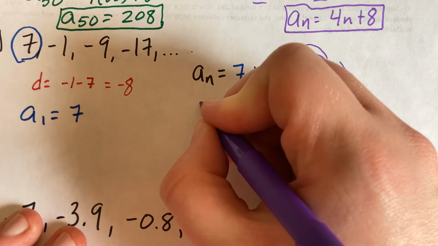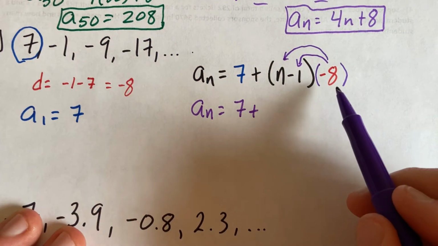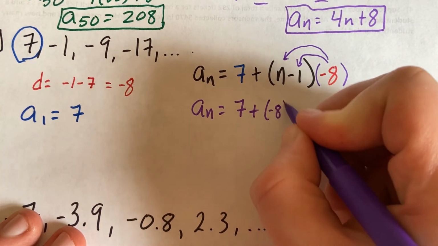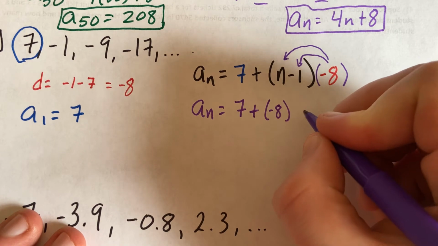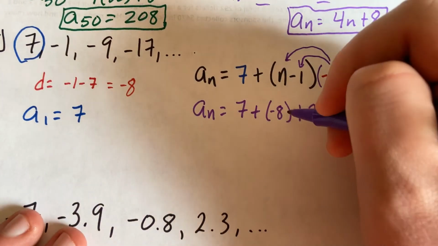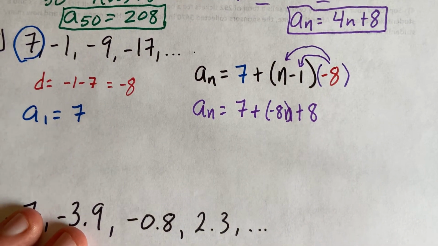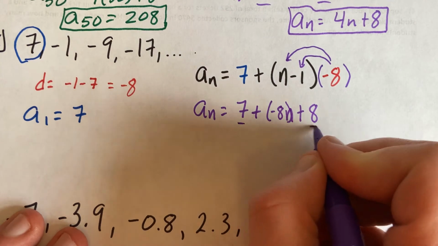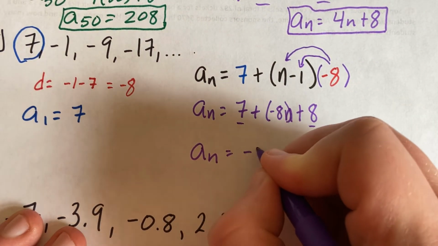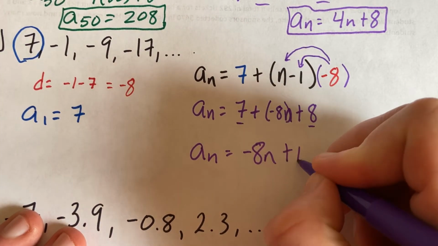So a sub n is equal to 7 plus -8 times n is -8n. -8 times -1 is +8. Oh, what am I doing? 8n. Okay, so now I've got like terms. I've got a 7 and an 8. So a sub n is equal to -8n plus 15, since 7 plus 8 is 15.